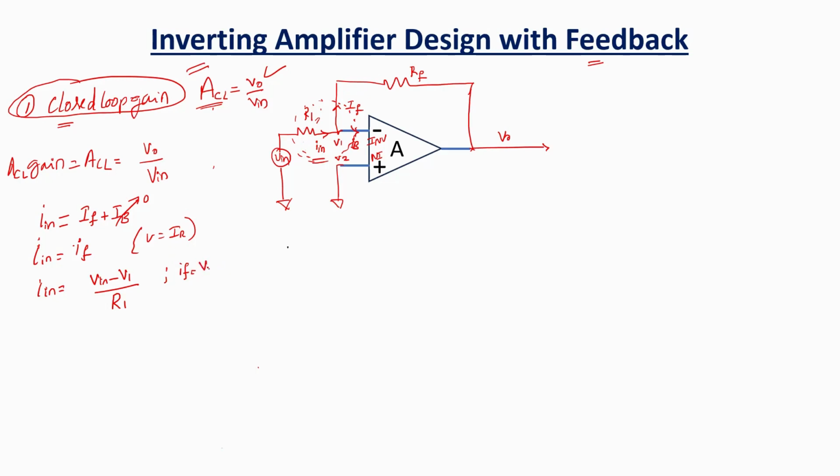It is V1 minus V0 divided by RF. Fantastic. Now, let us put these equations in equation 1. It is V in minus V1 divided by R1 is equal to V1 minus V0 divided by RF.